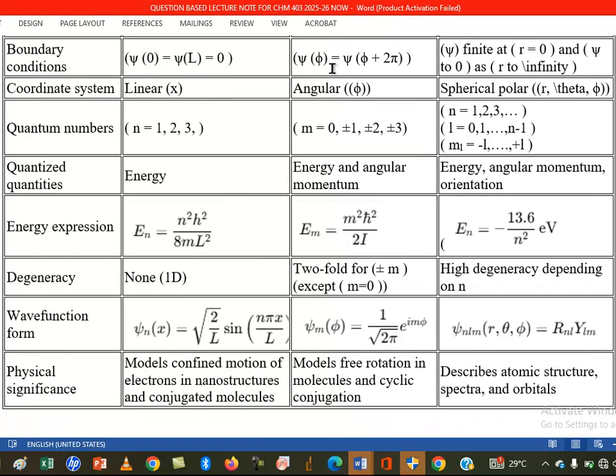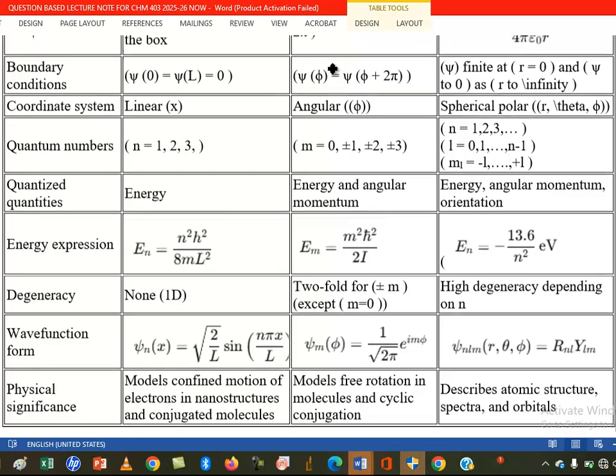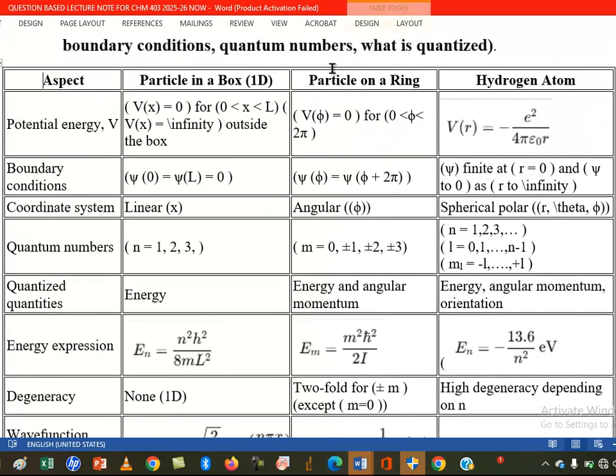So these are the different aspects you can use to distinguish between the particle in a box, particle on a ring, and the hydrogen atom model, or system. So kindly work on this. This might need some time. You need to practice.